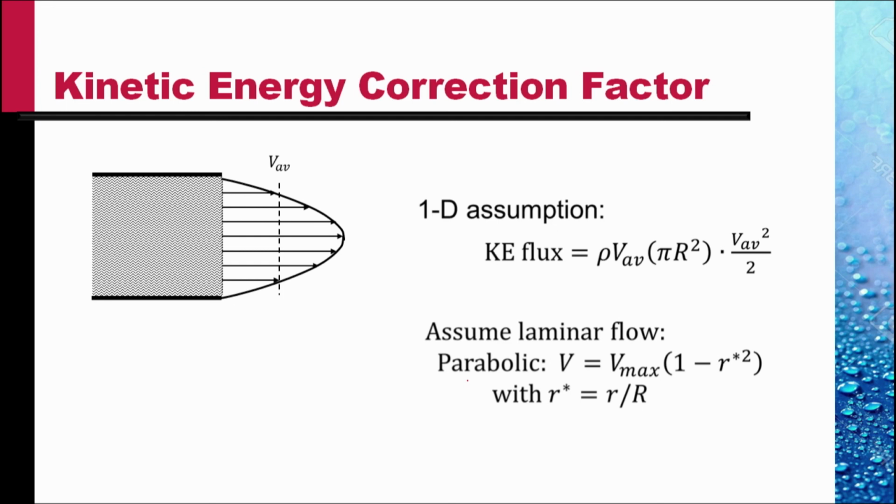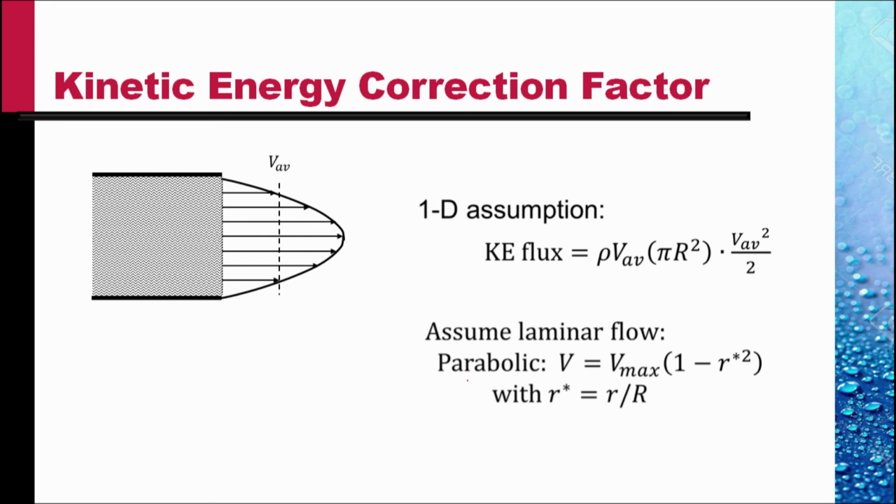So, we calculate the kinetic energy flux by using the average velocity, and then we multiply it by a correction factor to find out the actual kinetic energy flux. If we have a circular pipe of radius R, then the one-dimensional assumption would require that we assume the velocity is the average velocity all across the pipe section.